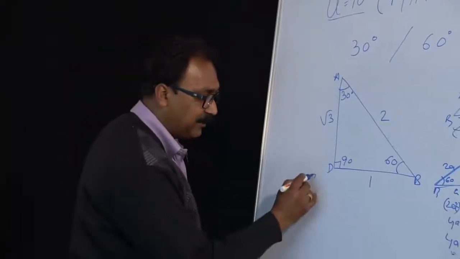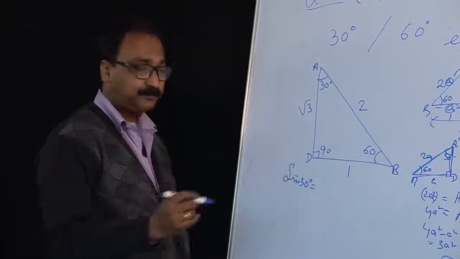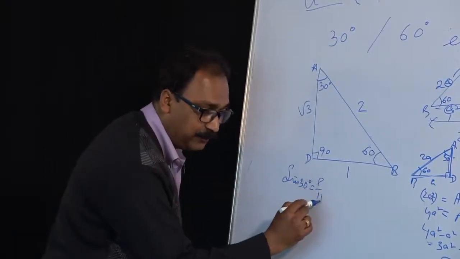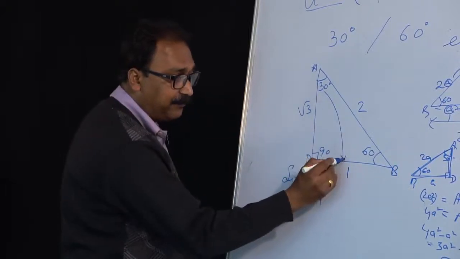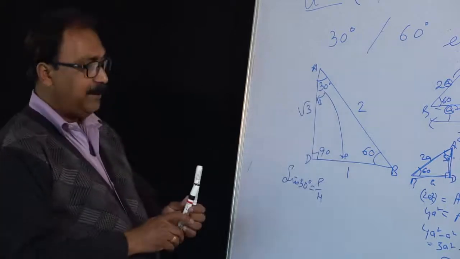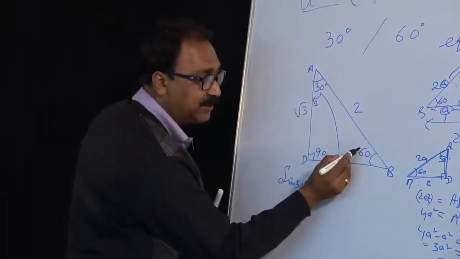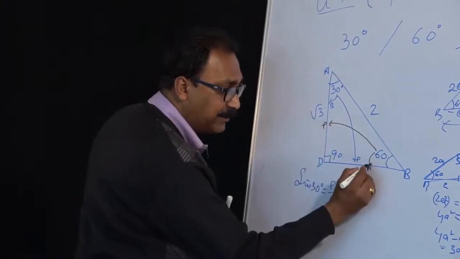Look here. Sine 30 degree. What is the formula? P by H. Because this is 30, the perpendicular will be this one, and the base will be this one. But if the angle is changed, if it is the other acute angle, the perpendicular will be this and the base will be this.